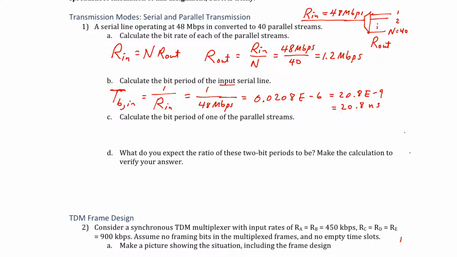Okay. The bit period of one of the parallel streams we can calculate also, and T B out is 1 over R out, and I don't think I need a calculator for this one, 1.2 megabits per second, and I have 5/6 or 0.833, and then a mega in the denominator becomes times 10 to the minus 6 in the numerator, and I get, let's call this 833 nanoseconds.